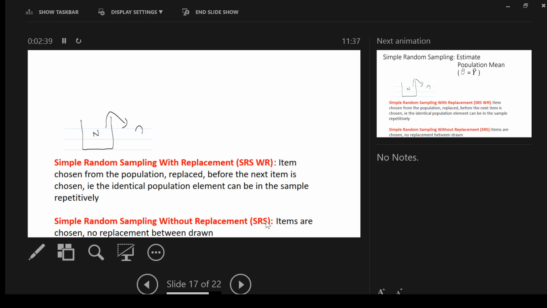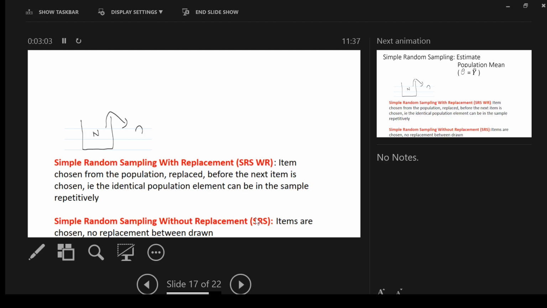Without replacement, it's just called SRS. In other words, if you see SRS, simple random sampling, you always assume it's without replacement. Because the normal way, if you say pick 3 people, why would you pick the same one twice? Pick 3 people doesn't mean you can pick the same one twice. Okay? So that's why that doesn't have a WR or something like that.